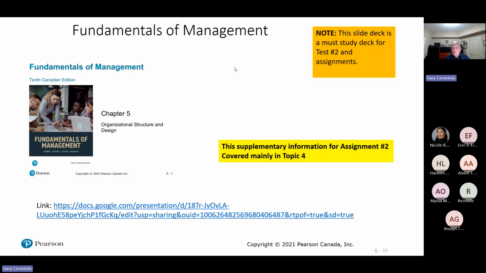Again, chapter 5 is not part of topic 3, but it's the last question, number 7, in assignment number 2, just the way this 7-week term went. Reading this chapter will give you some insights into answering that question.